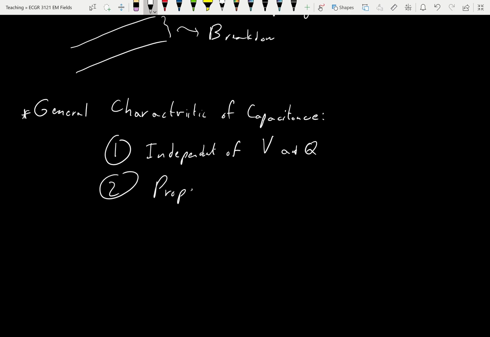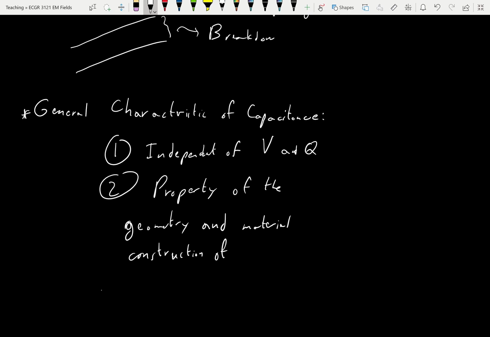It's more of a property. It is a property of the geometry and material construction of the structure.